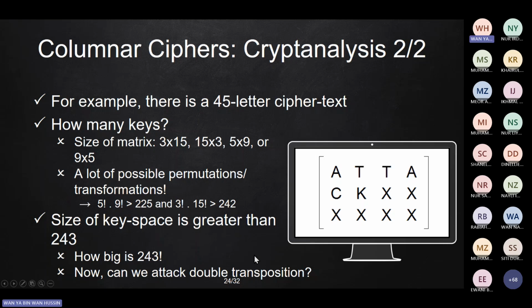So that is the possible transformation. So now it is quite secure. It means that the bigger the block size, the more secure.